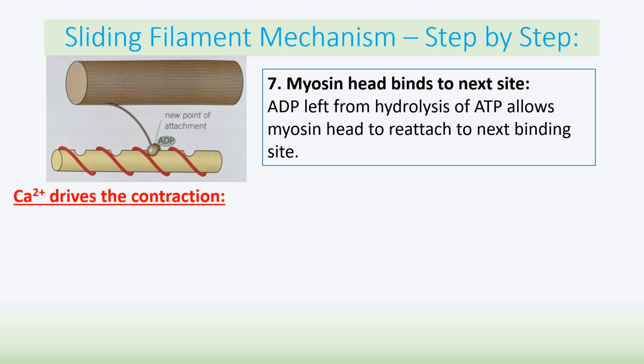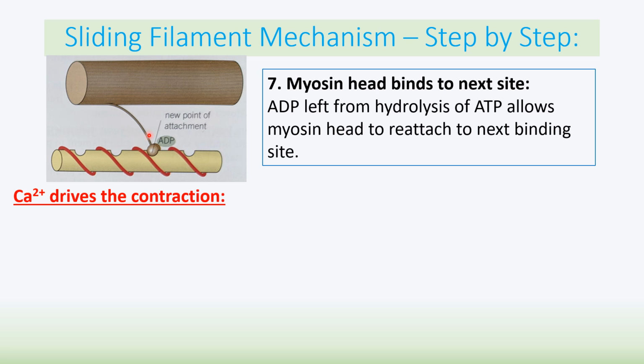It causes the head to reattach to the binding site. But whereas the head was here last time, the ATP from the previous stage caused it to detach, and then it was hydrolyzed, recharging it to the cocked position.